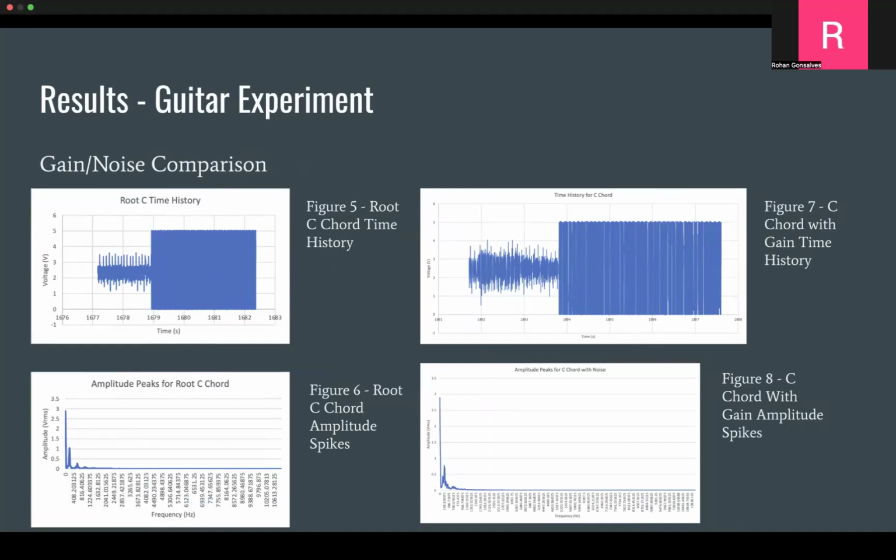The second dataset examined the effect of amplifier gain on a C major chord triad, comparing the chord played with and without gain engaged. When gain is applied to an amplifier, it introduces nonlinear distortion that alters the clean nature of the input signal, adding harmonic content and noise.